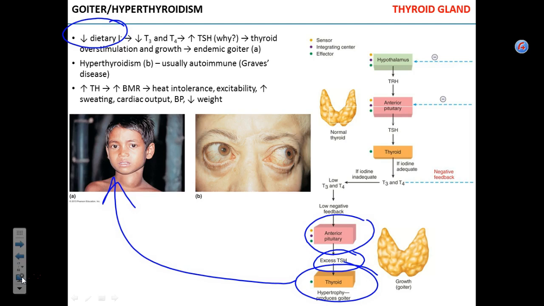Now this is endemic goiter. In autoimmune goiter, also called Graves' disease, sorry, the situation is different. Okay, so this is the generic thyroid gland. It's not up to scale or up to shape.